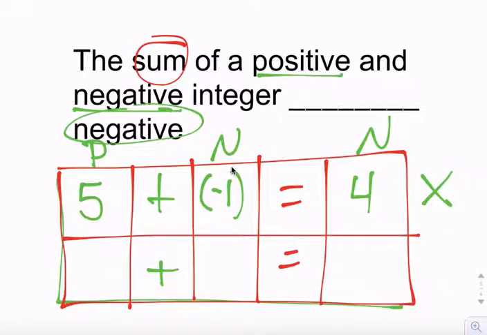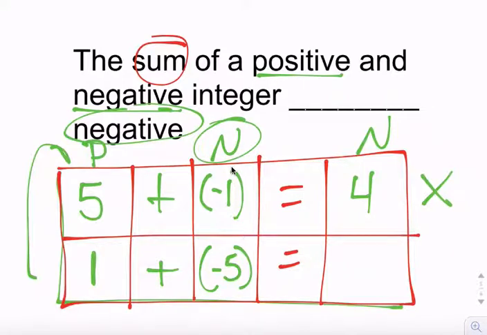I did one big number first and a smaller number second, so I'm going to change it up. I'm going to do the smaller absolute value number first, bigger absolute value second. I can't write -1, but I can write it as 1 because my number has to be positive from up here. It says it has to be positive. I can't write 5 in the second column, but I can write it as a -5 because my second number has to be a negative based off of this.